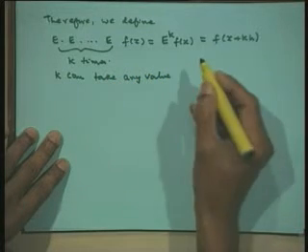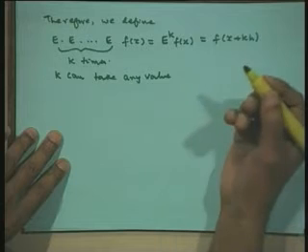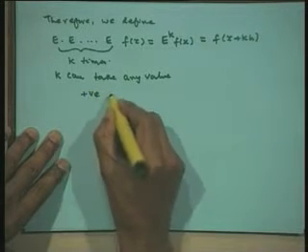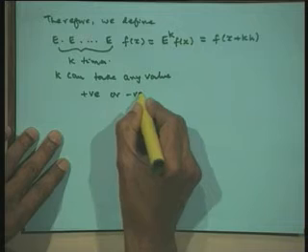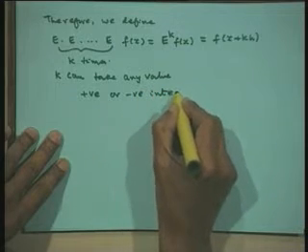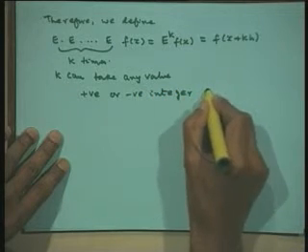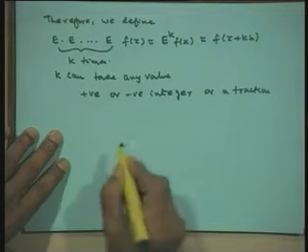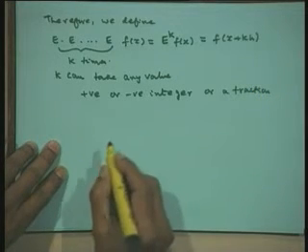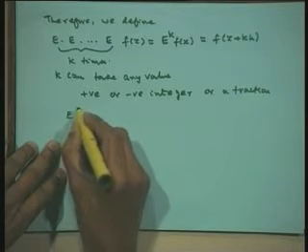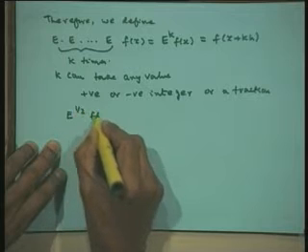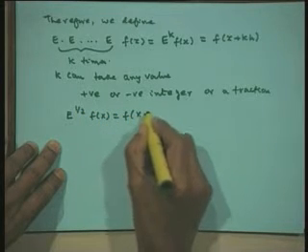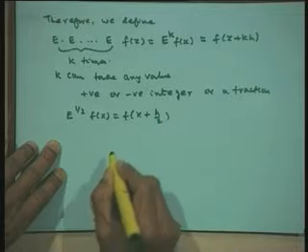It may be a positive integer, a negative integer, or even a fraction. Therefore, it can be a positive or negative integer or a fraction. For example, I can define e to the power of half of f x as f of x plus h by 2.